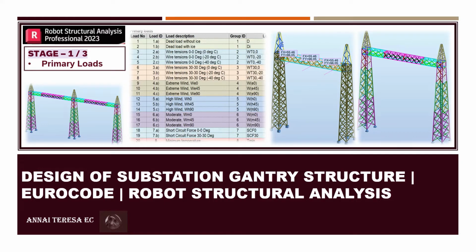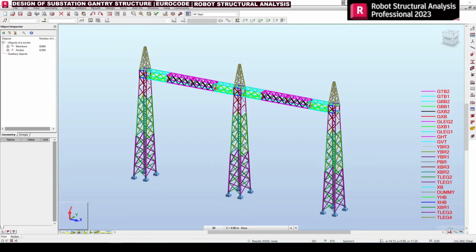So let me go to the demonstration. You can see on the screen there is a 2-bay gantry structure, the model which we had prepared earlier in robot structural analysis. In this, we are going to delete one bay in order to simplify our demonstration, because applying on the 2-bay will take more time.